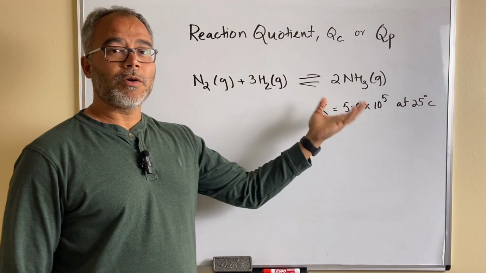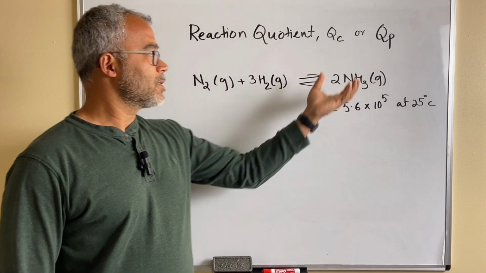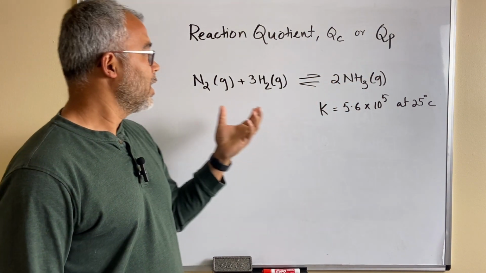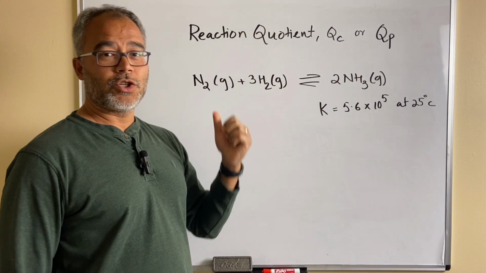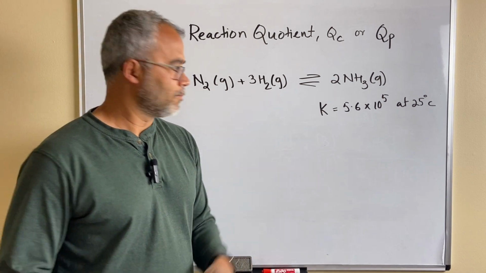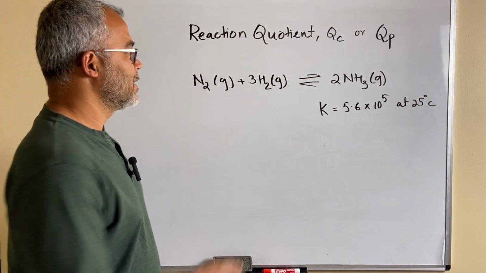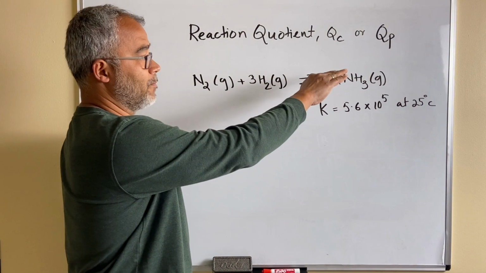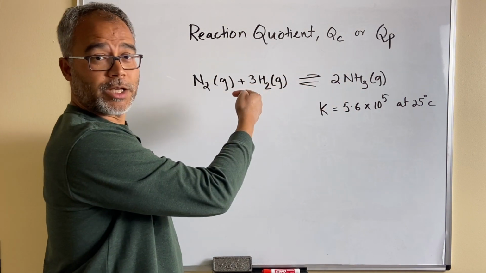And what this equilibrium constant means is that there is a certain concentration of NH3 and a certain concentration of N2 and H2 present at the same time at equilibrium. Now, what this means is that there is a forward reaction taking place and a reverse reaction taking place.